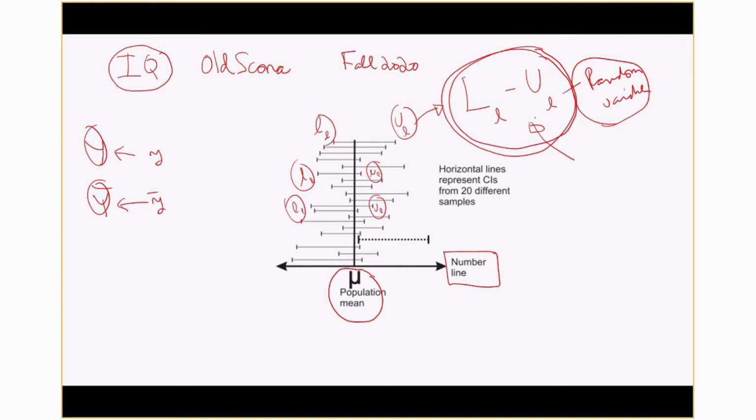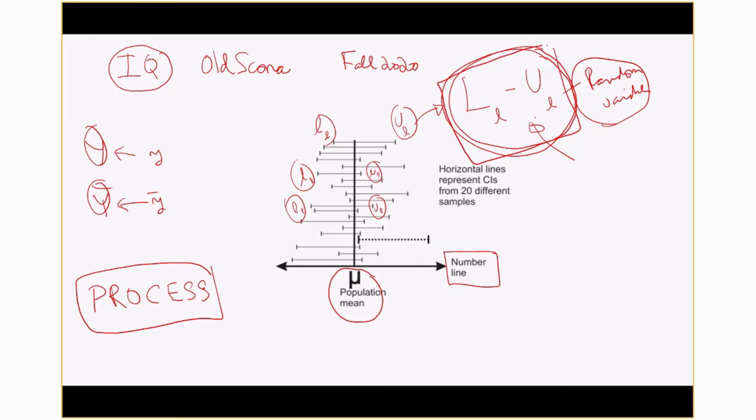And the thing to keep in the back of one's mind as we go through this is to focus on the process. The reason I say focus on the process is that when we think about what a 95% confidence interval is, it is a process such that we think about a random variable, the set of all possible intervals that we construct.